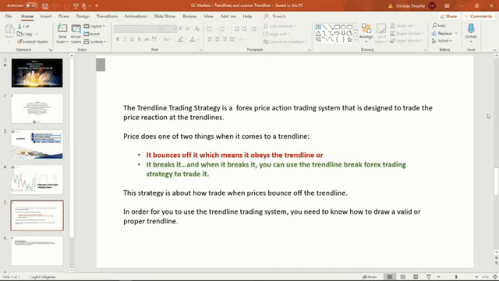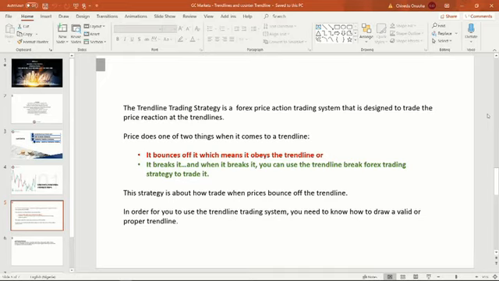It bounces off the trend line, which means it obeys the trend line, or it breaks the trend line and moves in the opposite direction of the current. When it bounces off the trend line, it means the market just retraced and continues in the direction of the trend, or the river continues in the same flow.